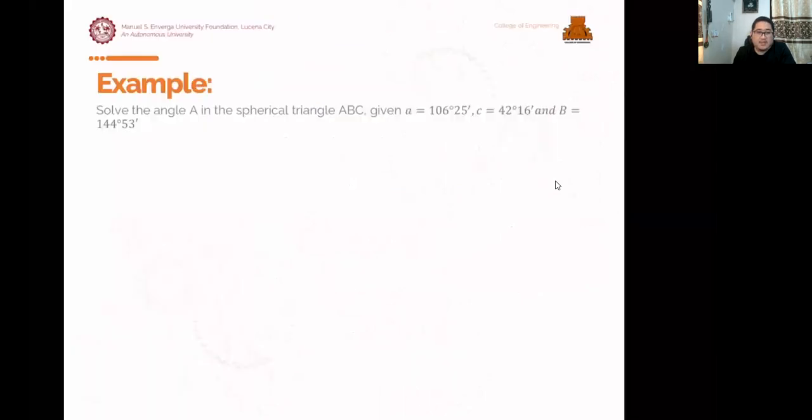So, we have to solve the angle A in a spherical triangle ABC given A is 106 degrees 25 minutes and C is equals to 42 degrees 16 minutes and B is equals to 144 degrees 53 minutes. Okay? So, majority of the given natin is side, yung meron tayo.